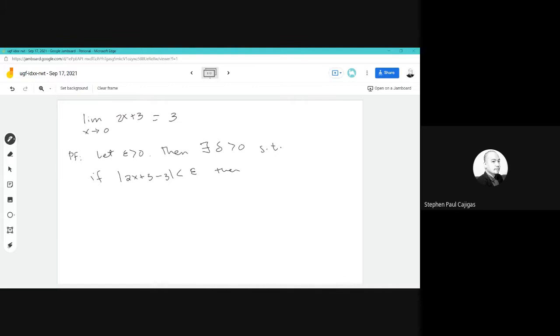We will only look at linear and quadratic functions. I will be giving you the definition of limit because that will be the basis of proving the limits. For the lesson for today, do you have any questions or clarifications?